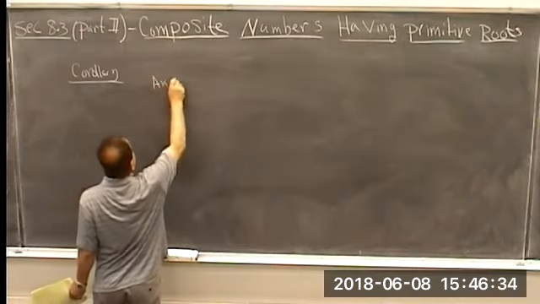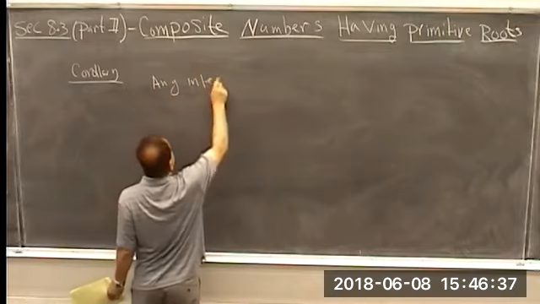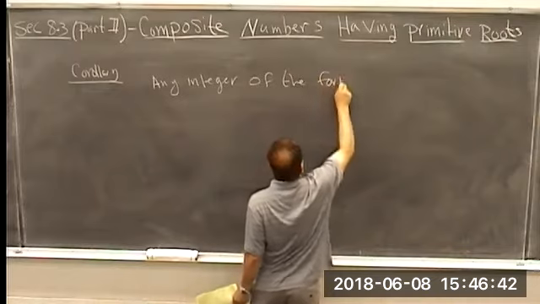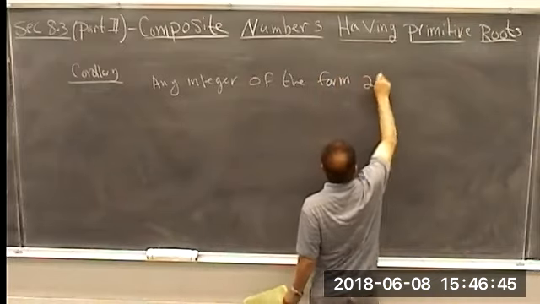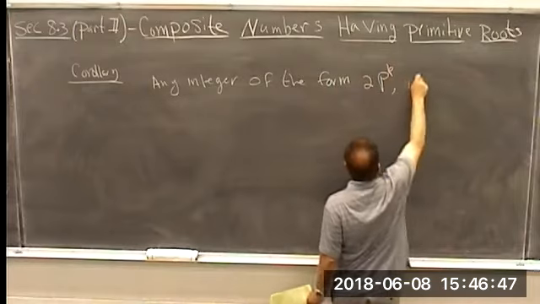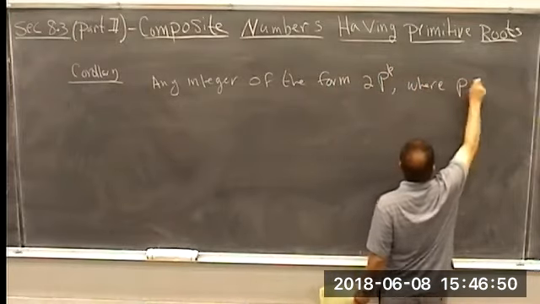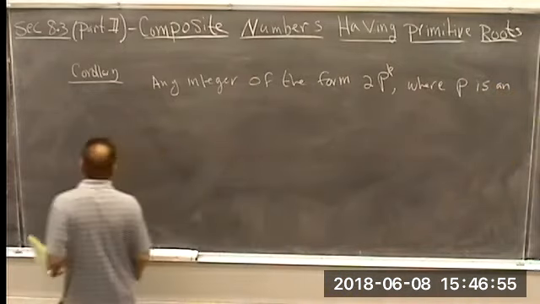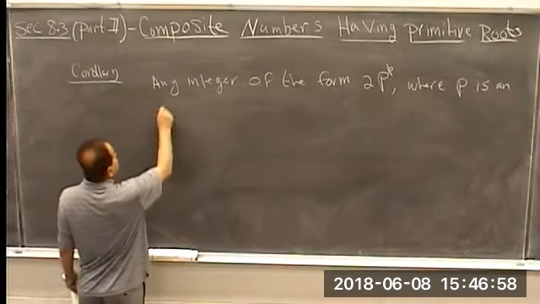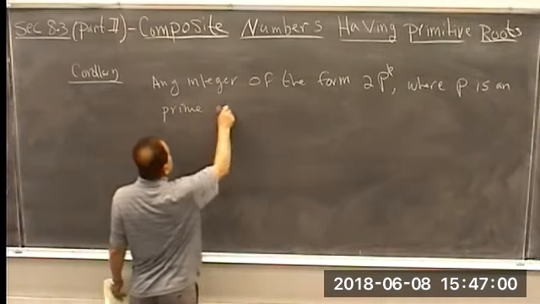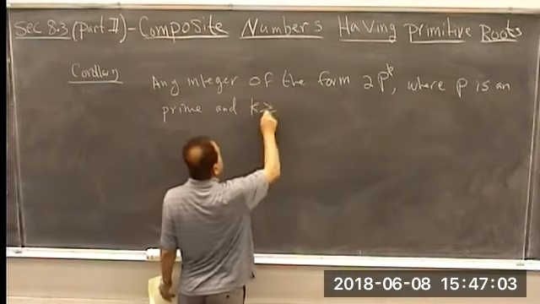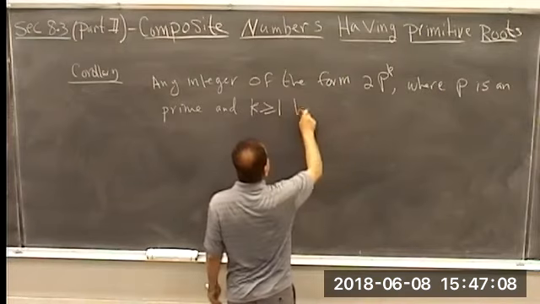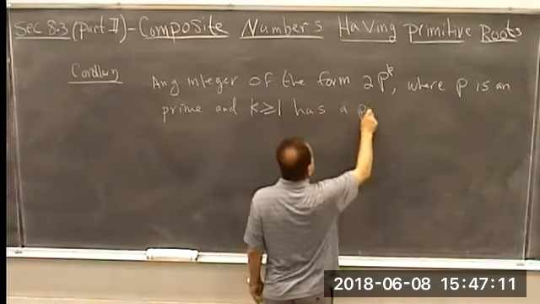Any integer of the form 2p^k, where p is an odd prime and k is an integer bigger than or equal to 1, has a primitive root.